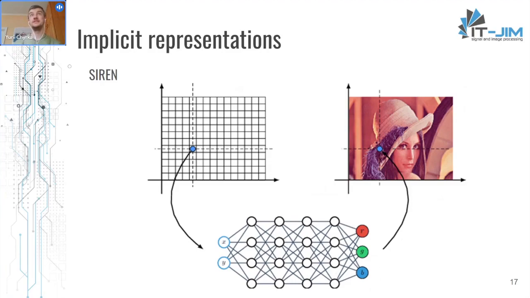The basic idea is to try to learn some model, some neural network that will contain information about an image or three-dimensional scene within the model. So one model, one set of coefficients will describe the entire scene.